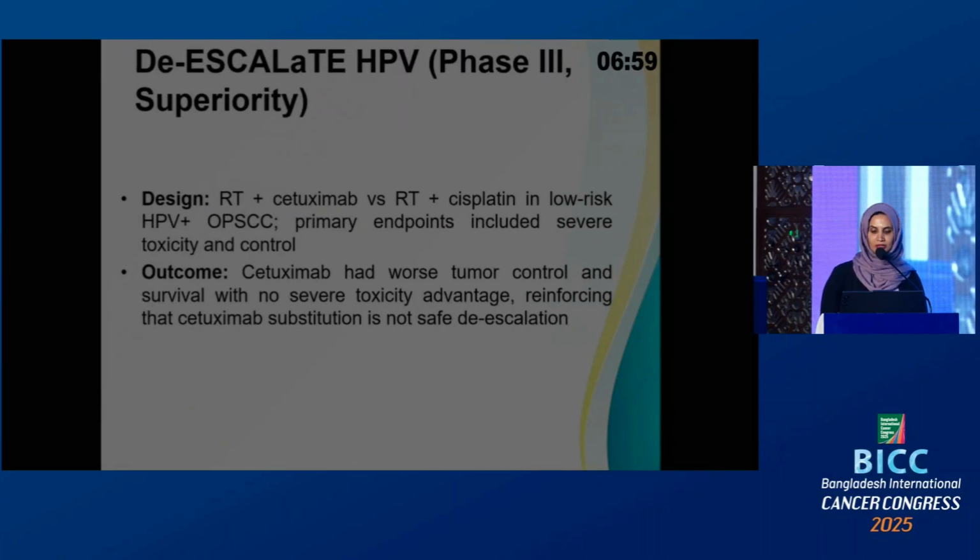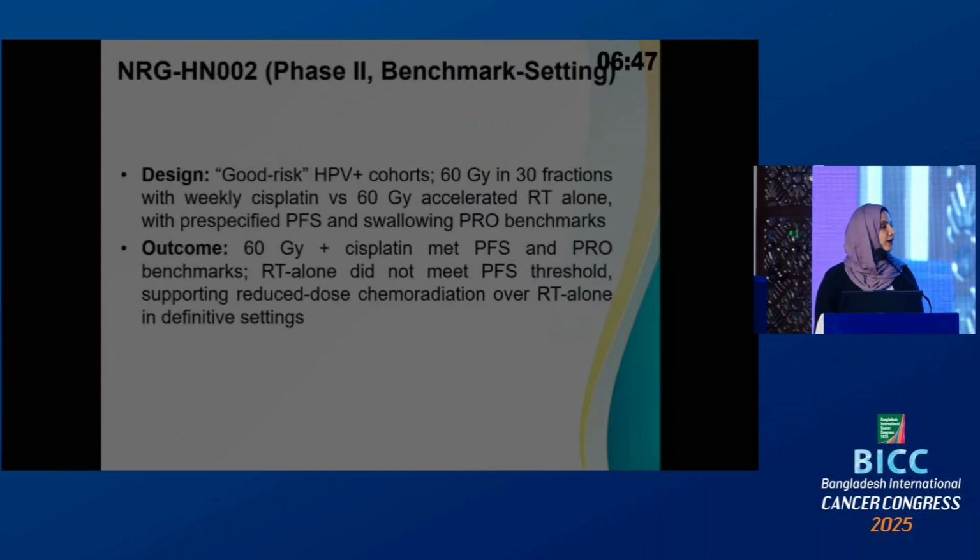Another study mentioned by Dr. Shabna, also a de-escalation study, was again cetuximab plus radiation versus RT and cisplatin in the low-risk patients, and again cetuximab had worse tumor control. And the NRG-HN002 study was mainly for the good-risk patients: 60 gray in 30 fractions with concurrent cisplatin versus 60 gray accelerated radiation alone without chemotherapy.